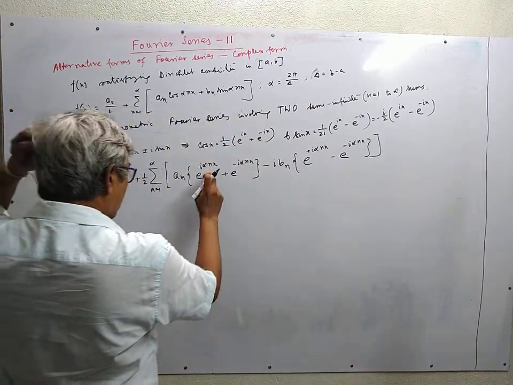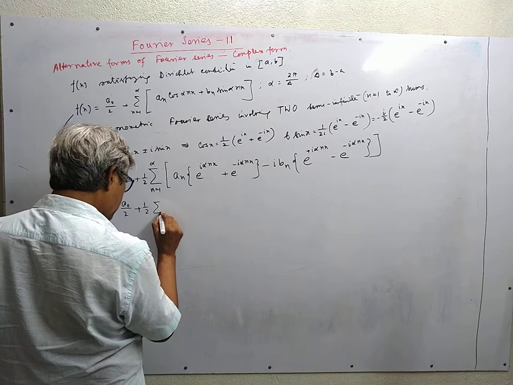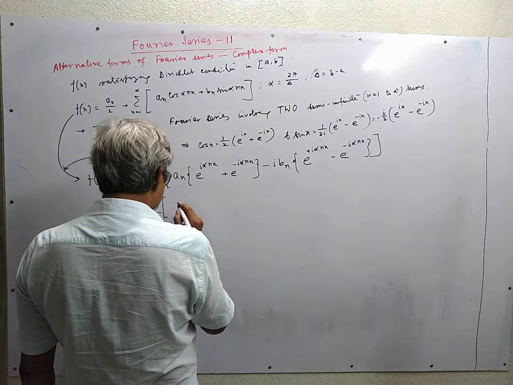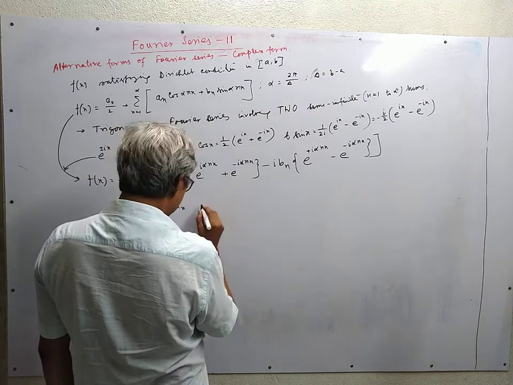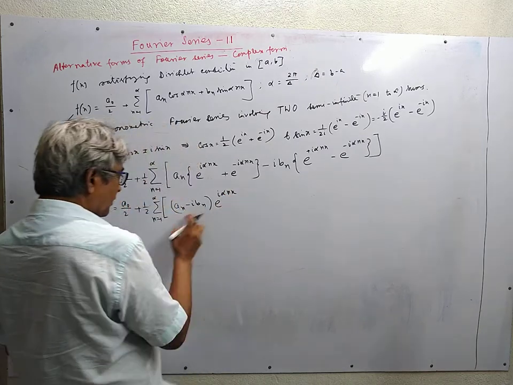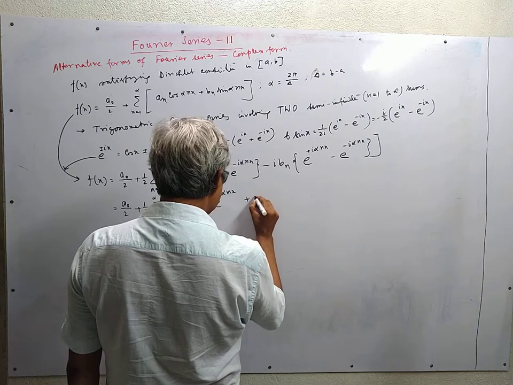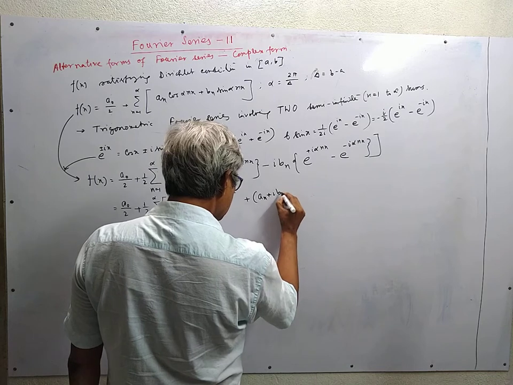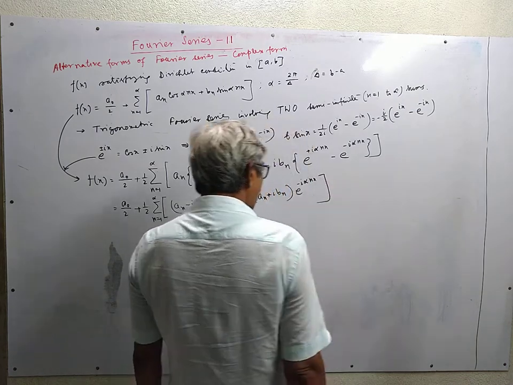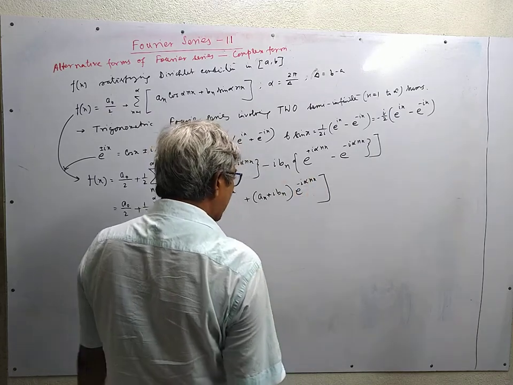Then we collect the coefficients of these and rewrite this. This is the coefficient of e to the power i alpha n x, and then we write, you see that these two terms we can get from this term by changing n to minus n.